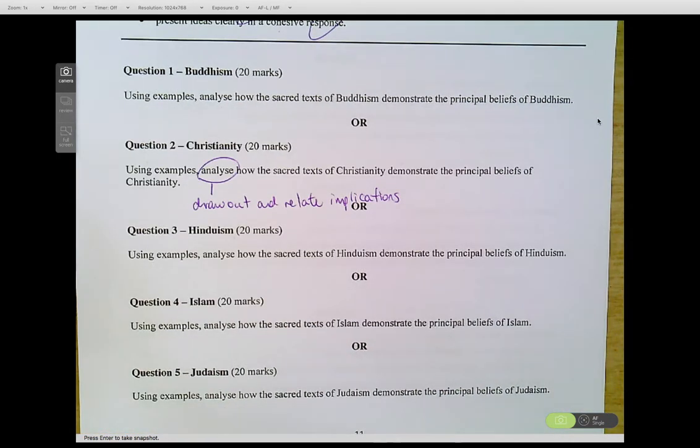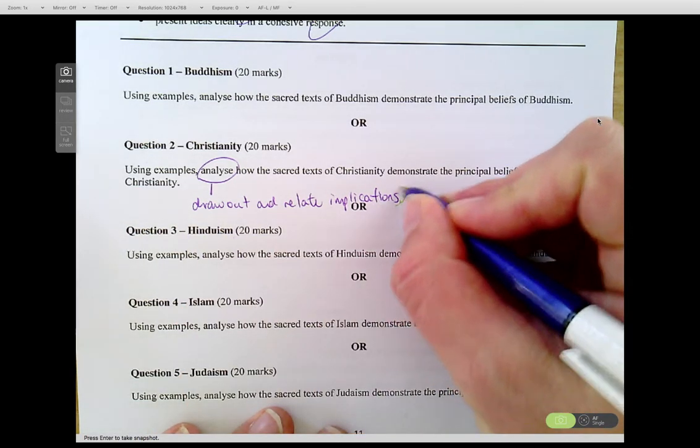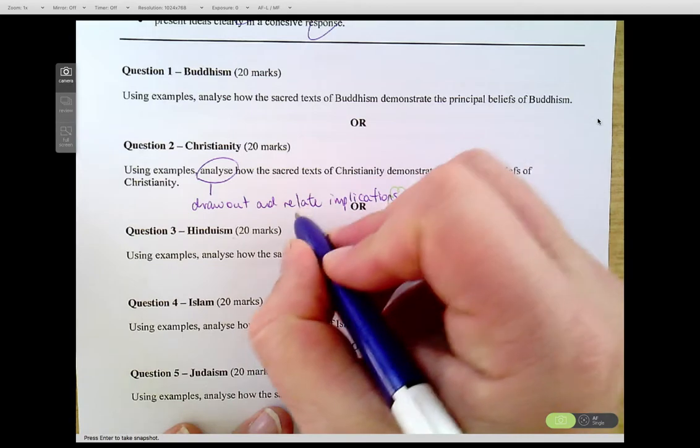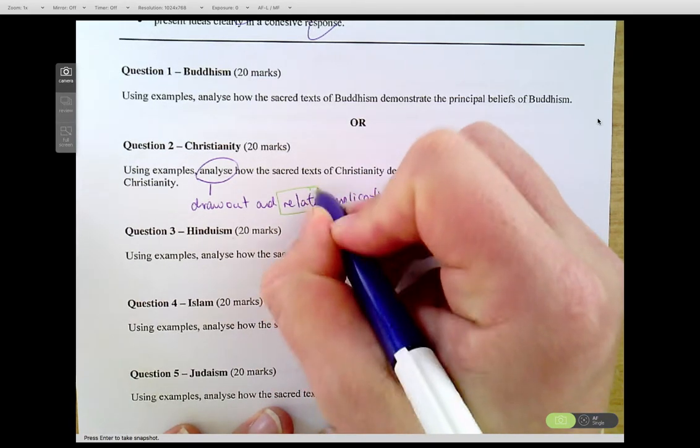When we're looking at annotating around our question, we can actually annotate around the definition of the key verb. So it tells us that we relate implications. There's a plural there, so we know we have to have more than one implication. We have to relate.